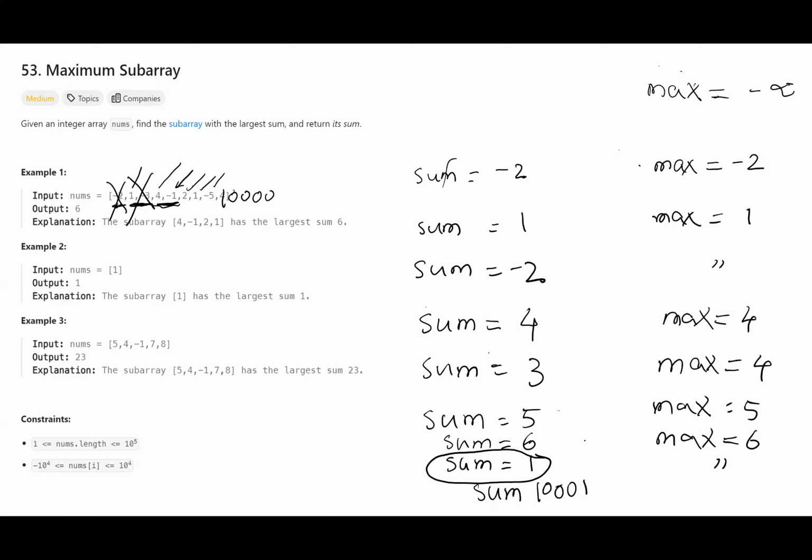Or just forget it. If this was simply 6, the new sum would have been 7, right? But here this is 4, so the sum is 5. So the max remains the same. Max is 6. So here is the trick that we use.